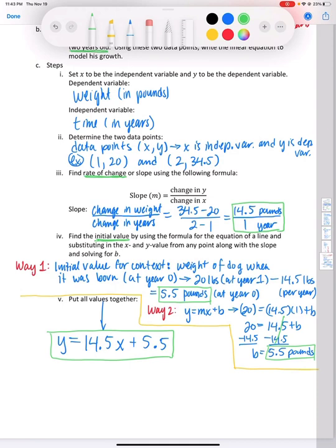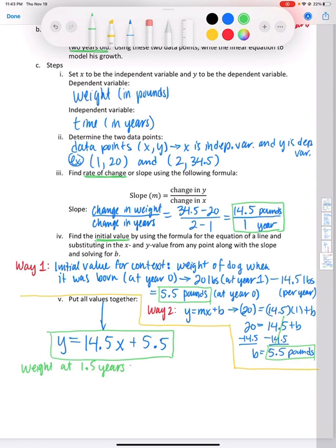And so some of the power of the mathematics, the linear equation, is that we can know the weight of the dog at, say, 1.5 years. We can use our model. Even though we don't have the data, we do have a linear model. We know that it increased steadily with a constant rate.